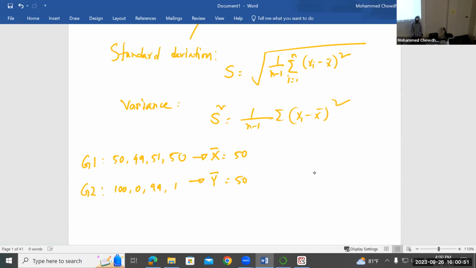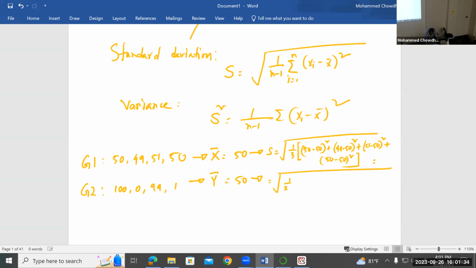So that's the point. For example, if I want to use this formula here, what will I get? 4 minus 1 equals 3. Then I get (50 minus 50) squared plus (49 minus 50) squared plus (51 minus 50) squared plus (50 minus 50) squared.